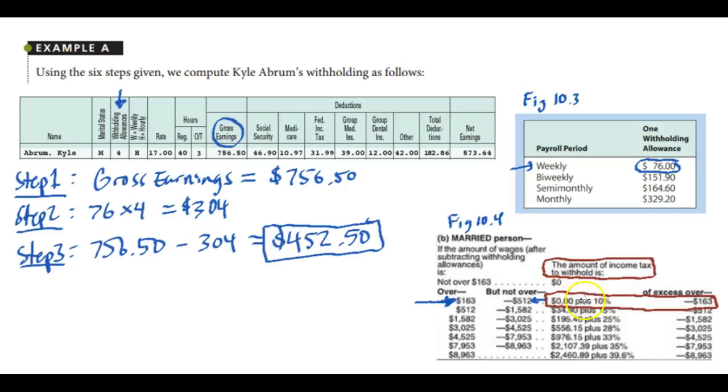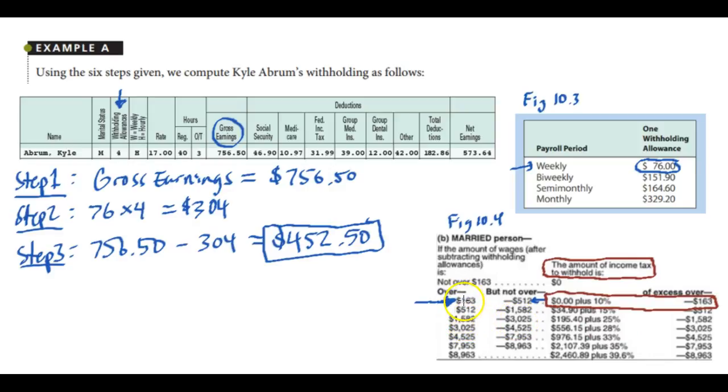Keep in mind that if you're in a 25% tax bracket, in this third bracket right here, that doesn't mean all the money that you make in the week is taxed at 25%. It's only the amount that's in that interval.